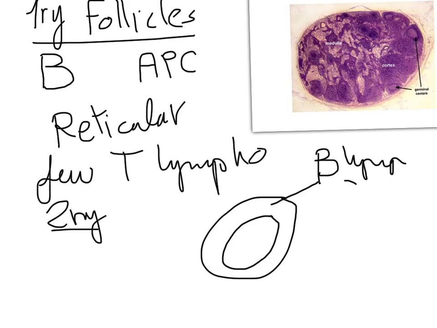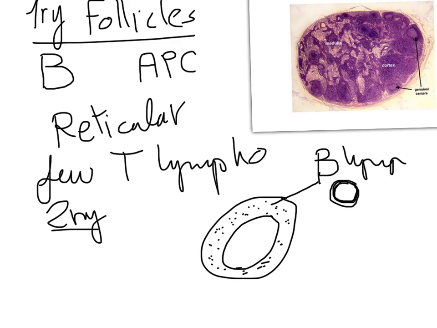So the B lymphocyte, we know, is a small lymphocyte formed of a dark nucleus because it is not an active cell, and a very small amount of cytoplasm. So the presence of these dark nuclei in this peripheral part gives the dark appearance of the periphery. While in the center, you will find the following.